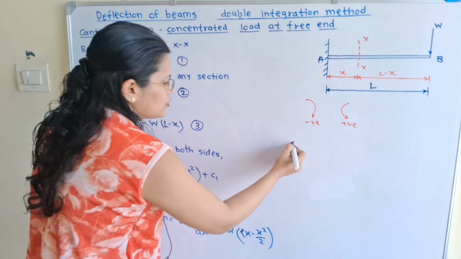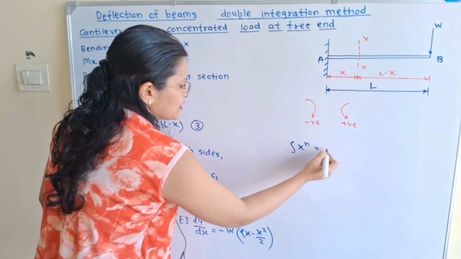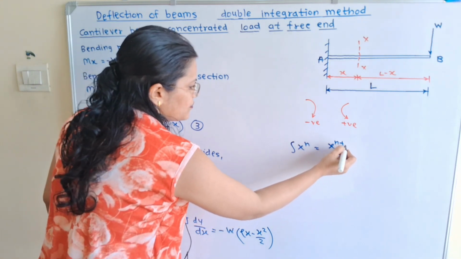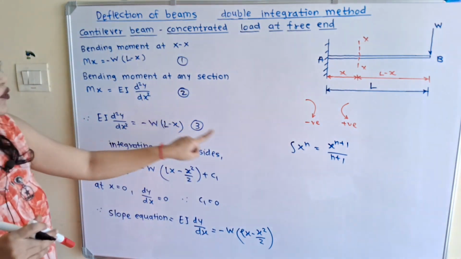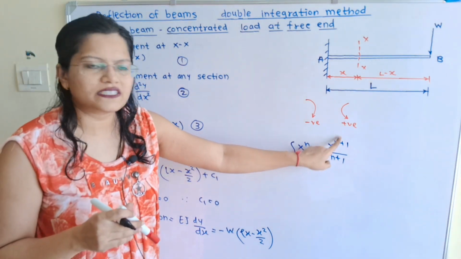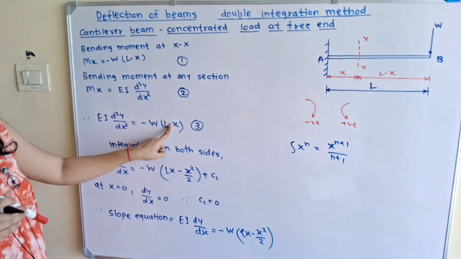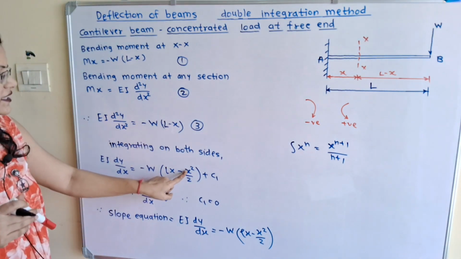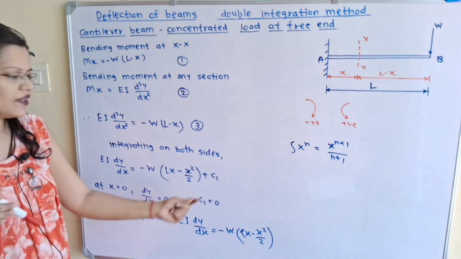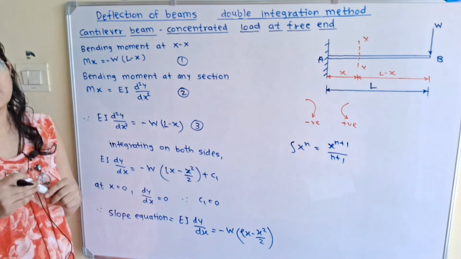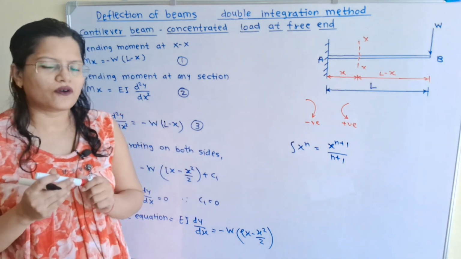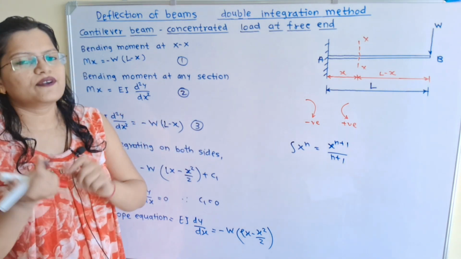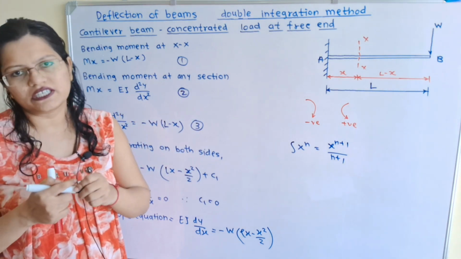The integration of x raised to n is equal to x raised to n plus 1 divided by n plus 1. So here x raised to 1 gives x square by 2. I will take the minus sign as it is, x square by 2 plus C1, where C1 is the constant of integration. Now how to find out the constant of integration? For that we have to consider the boundary conditions.